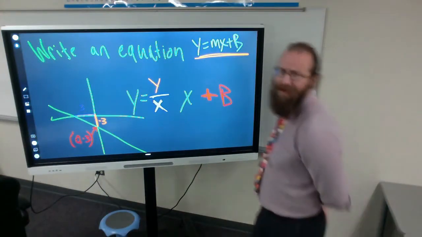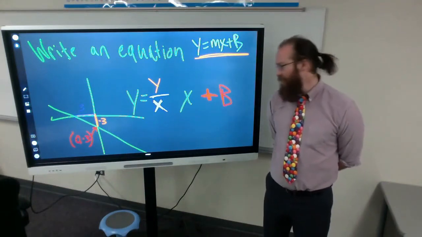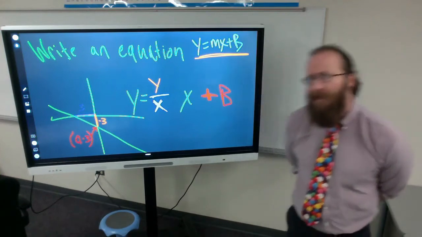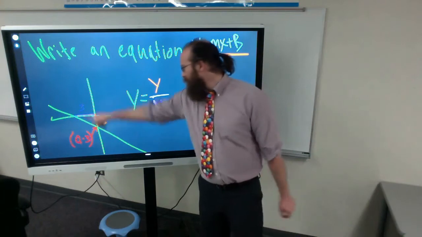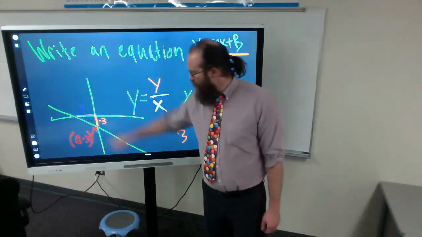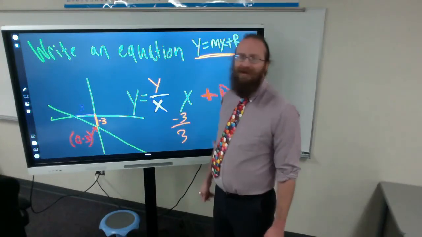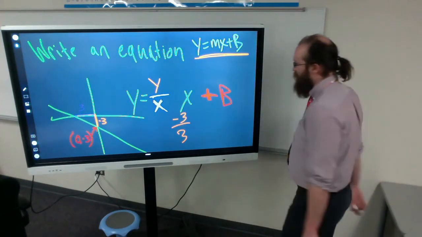So please try to write this equation, right? Cross is at -3. Slope is 3 over -3. All right. So when we plug in our purple value for x, that would be a 3 on bottom. Our down value is a -3, and that goes on top. So our slope in this case is -3 over 3, or -1.